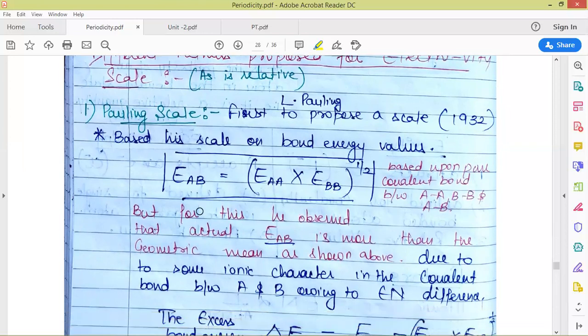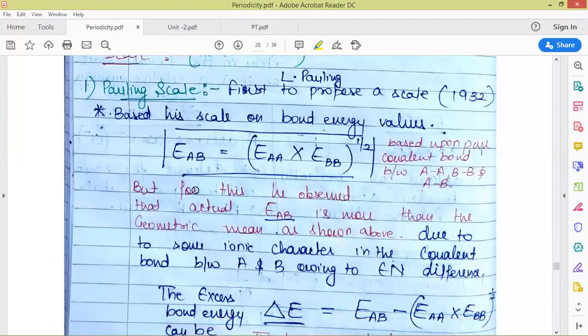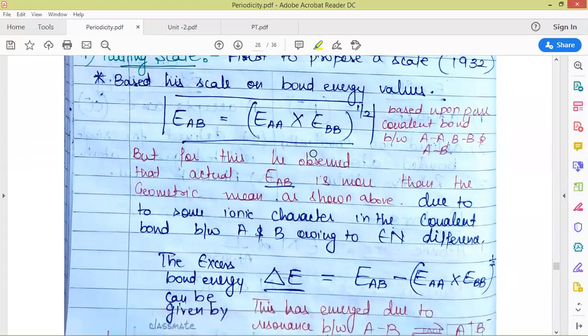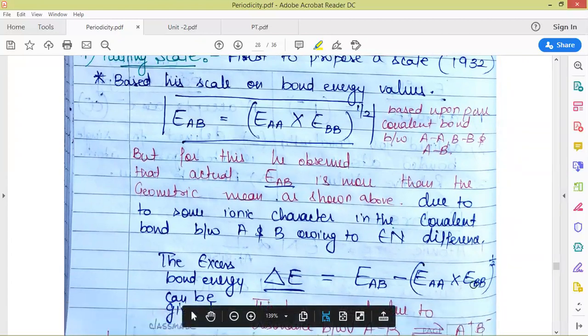This was due to the introduction of some ionic character in the covalent bond between A and B. This ionic character has been introduced due to the electronegativity difference. Because there was an electronegativity difference between A and B, there was ionic character in the covalent bond, due to which the geometric mean doesn't come out equal to E_AB. This energy was always greater than the geometric mean.